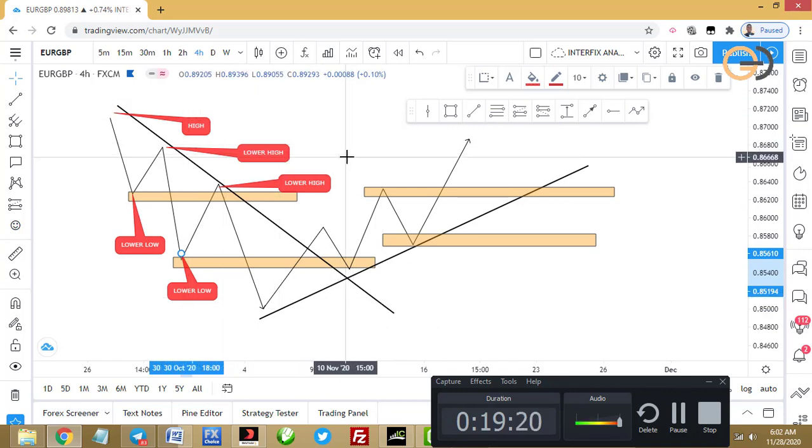So in a downtrend, the market starts forming lower highs and lower lows, lower highs and lower lows.